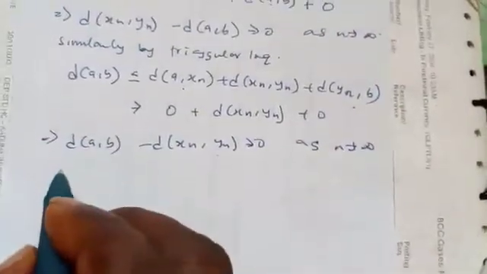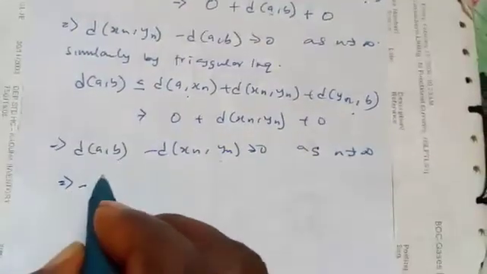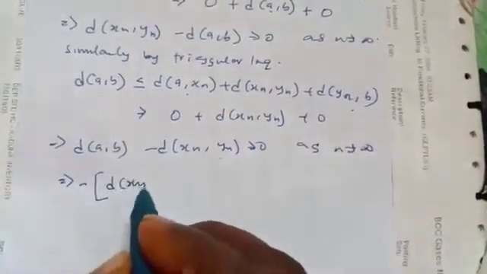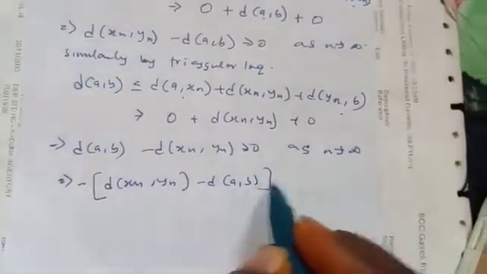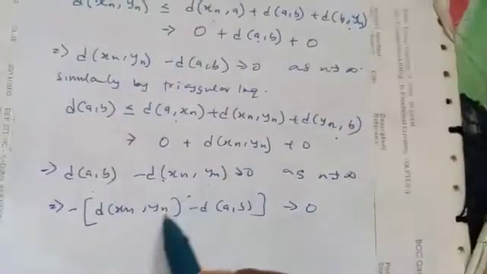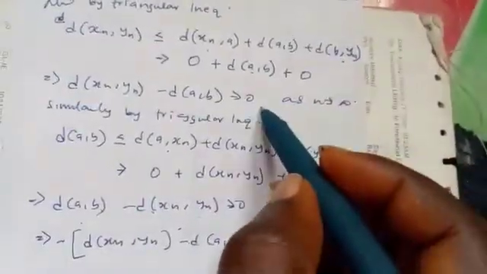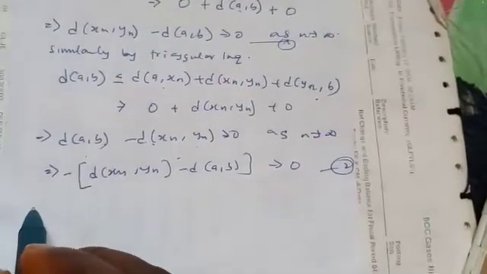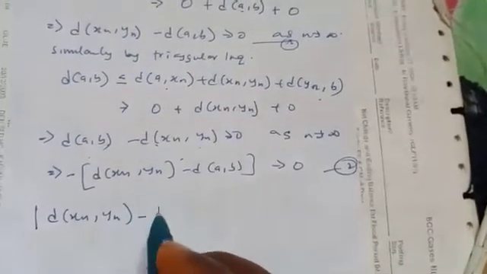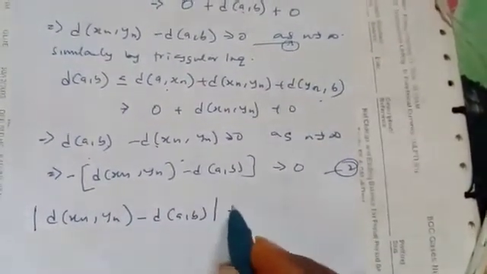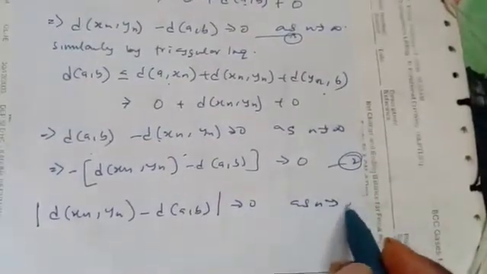So this can be written as minus times d(Sn, Yn) minus d(A, B) tends to 0. I can bring the negative out and factorize. Let me say this is 1, this is 2. By the two inequalities, we can just write both of them as d(Sn, Yn) minus d(A, B) tends to 0 as n tends to infinity.